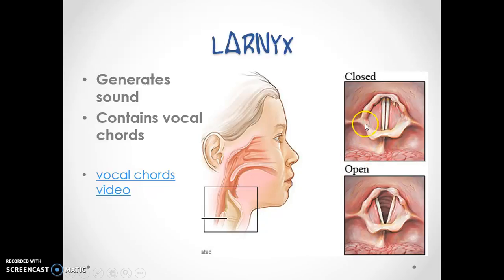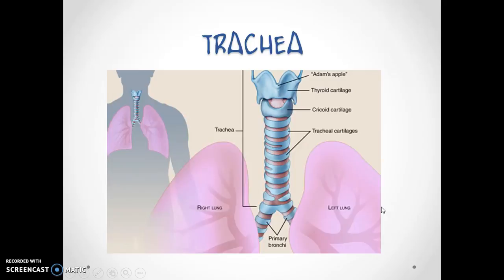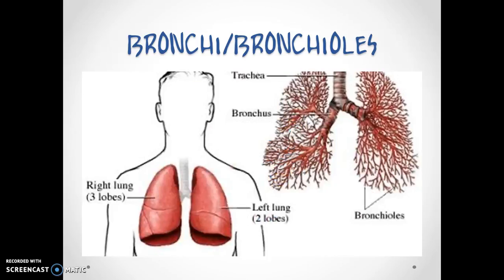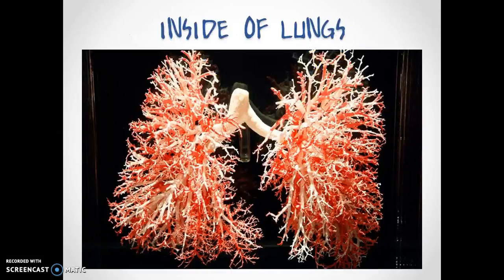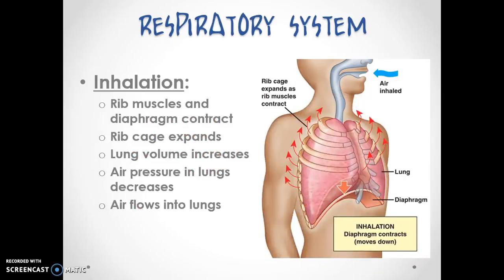And this is the structure of the larynx, closed and open. Next, the trachea. This is the structure of the trachea, located between the right lung and left lung. Next, the bronchi. This is the structure of the bronchus and bronchioles. They are located in our lungs. So this is the structure inside the lungs.